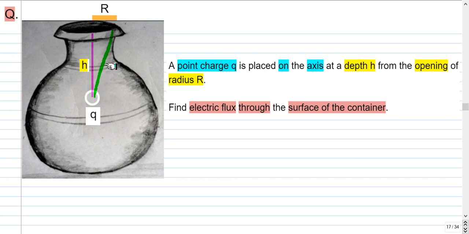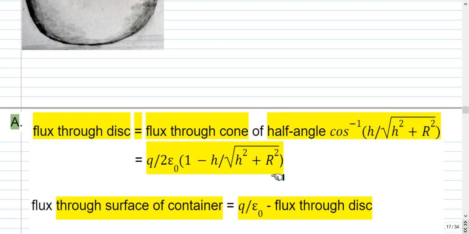So this is the cone, and this is the half angle of the cone. So this is r, and this is h. So cos alpha is adjacent side, that is h, divided by hypotenuse, that is square root of h square plus r square.